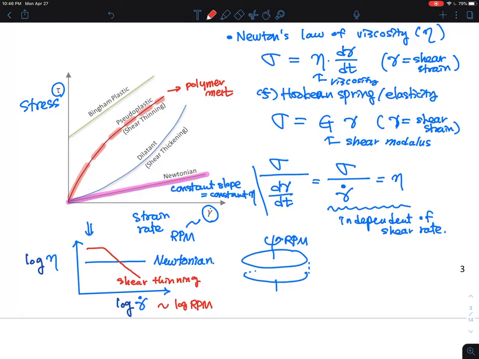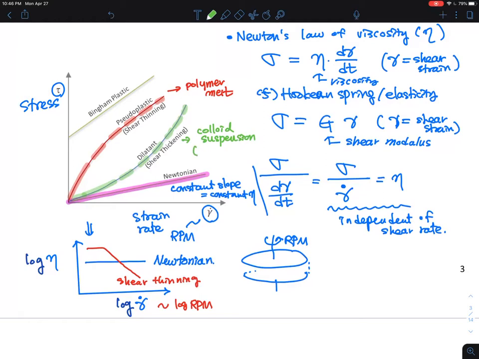There is another phenomenon called shear thickening, and this is quite unique. The way it works is it's a low viscosity in the beginning, and the viscosity actually gets higher and higher. That's shear thickening, and it is common in colloid suspensions.